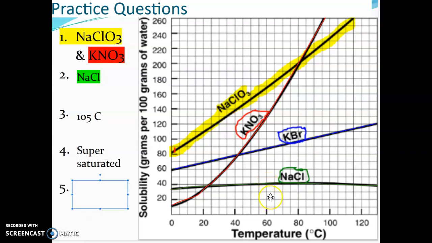So 20 and 40. That means we have to add 20 more grams to saturate the solution.